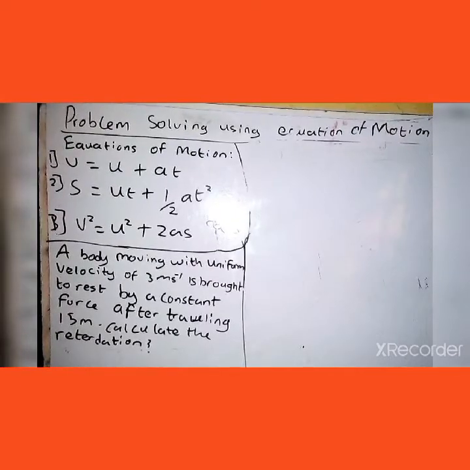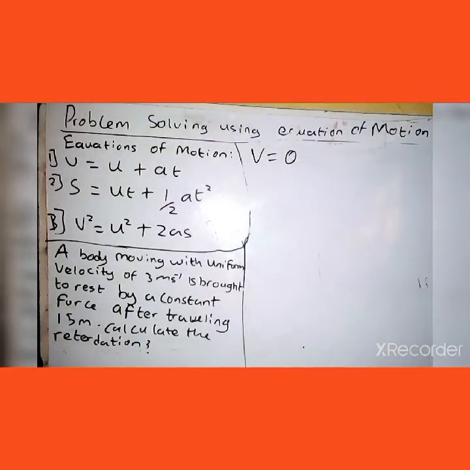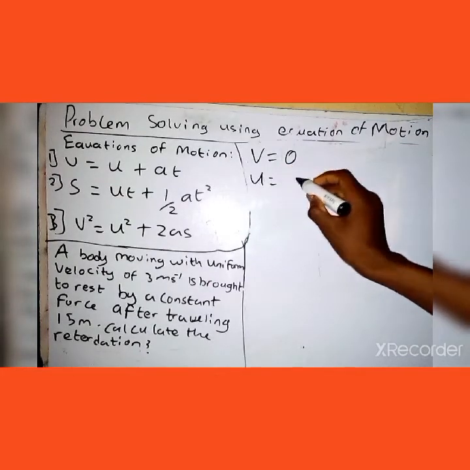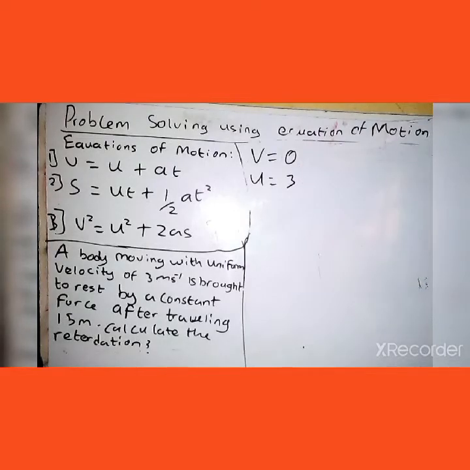So this is the last question. A body moving with uniform velocity of 3 meters per second is brought to rest. Know that when an object is going to rest, the final velocity will be 0. So moving with uniform velocity of 3 meters per second is brought to rest by a constant force after traveling 15 meters, a distance of 15 meters.